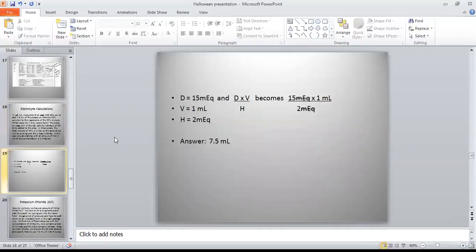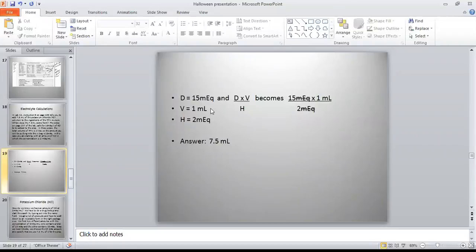That means if we look at the D times V over H calculation, D is 15 milliequivalents, V is 1 milliliter, and H is 2 milliequivalents, because we are told that we're going to use 15 milliequivalents. That becomes D. That's read off the order. And the label tells us the concentration of drug is 2 milliequivalents per milliliter.